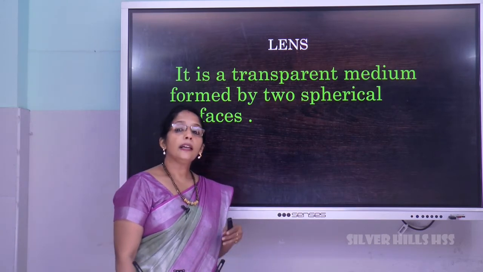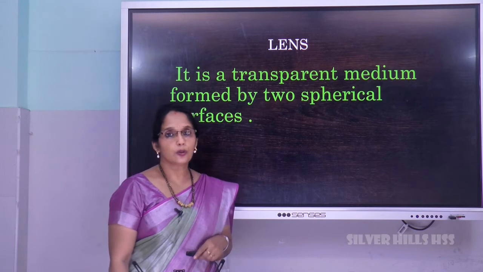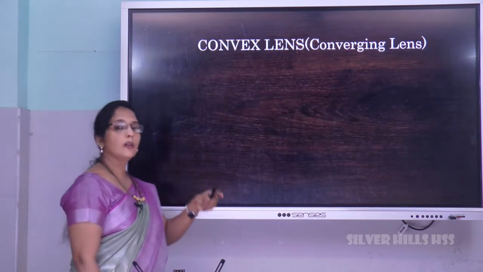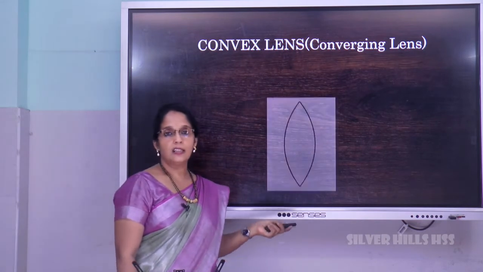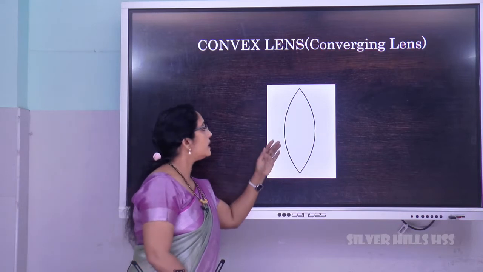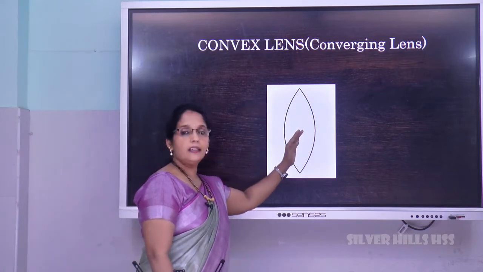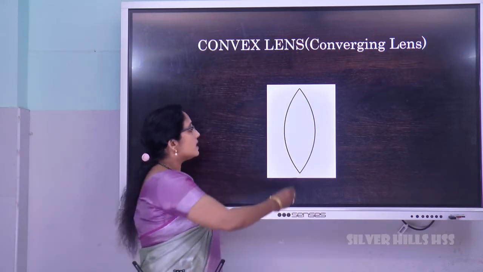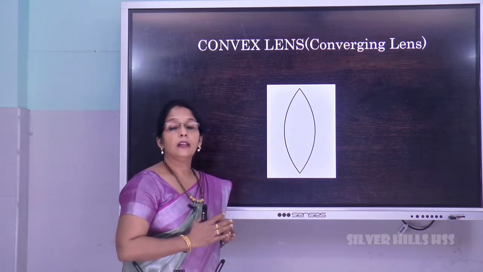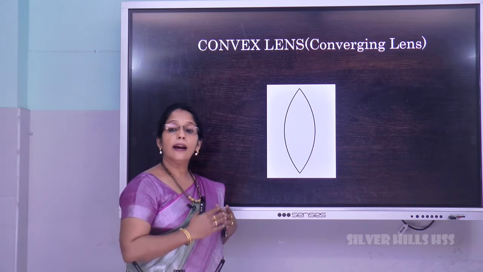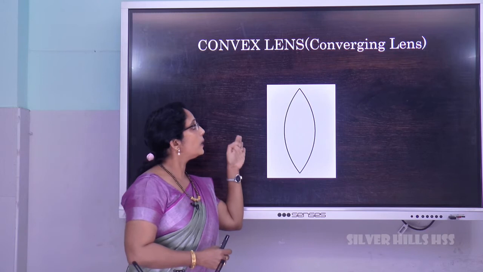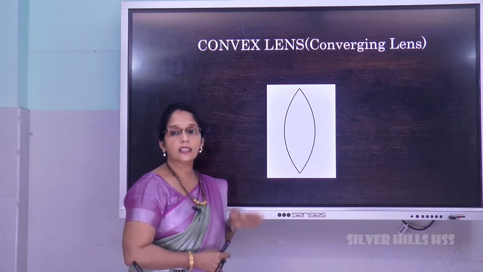Now we can classify lenses into two. One is the convex lens, also called a converging lens. What is the peculiarity of this convex lens? A convex lens is thick at the center and thin at the edges, and it always allows the light rays to meet at a point.